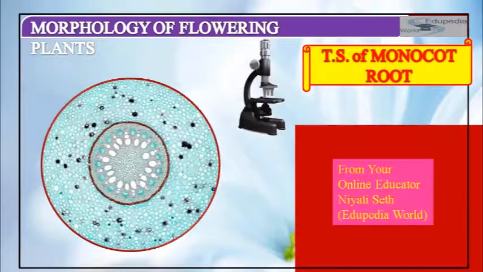It has epidermis, cortex, endodermis, pericycle, vascular bundles and pith. As compared to the dicot roots, which have fewer xylem bundles, there are usually more than 6 xylem bundles in the monocot root. And please note that pith is large and well developed in the monocotyledonous root.